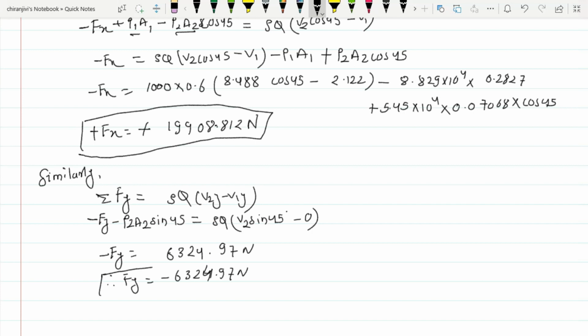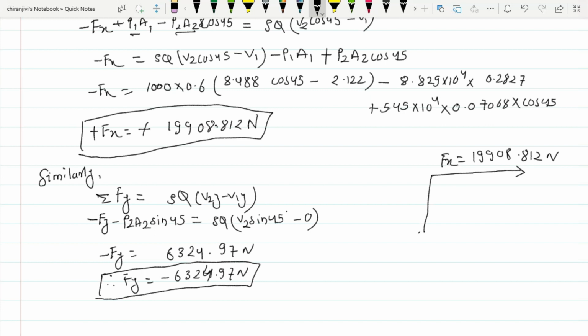Okay, this is our value of forces that the pipe bend experiences, and now we have to draw the force diagram. In x direction it is Fx, which is positive 19908.812 Newton, and in y direction, which is negative, we draw in downward direction, Fy equal to 6324.97 Newton.